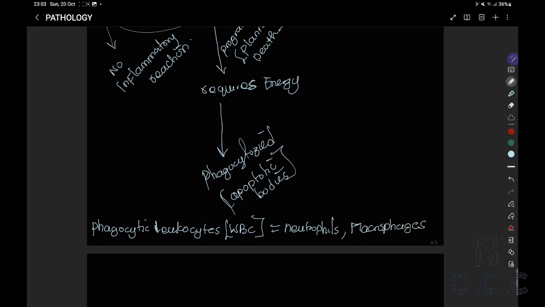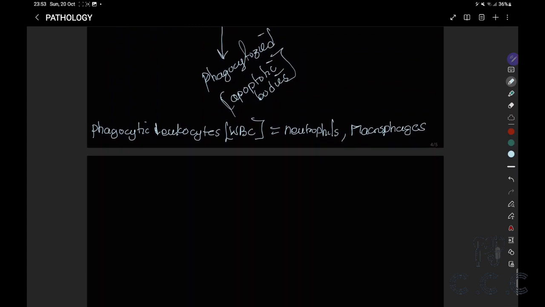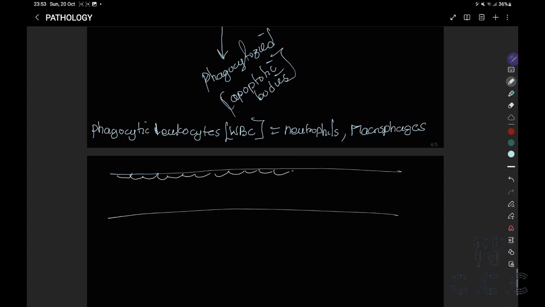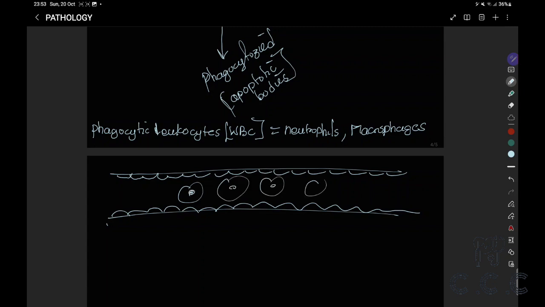And just as a side note again, remember that when you're in the circulation, assuming this is your circulation, we have these cells which we call mononuclear cells, which are monocytes.